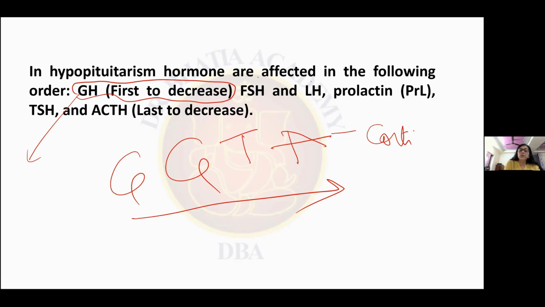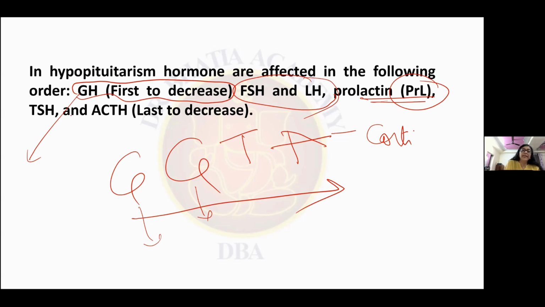Then comes the loss of the gonadotropins, that is the LH and FSH. And again, in postmenopausal women or very old men, you may not even realize the loss of the gonadotropins. Then the loss of prolactin. Again, clinically it may not be very evident at any age other than failure of lactation, or loss of libido in men.